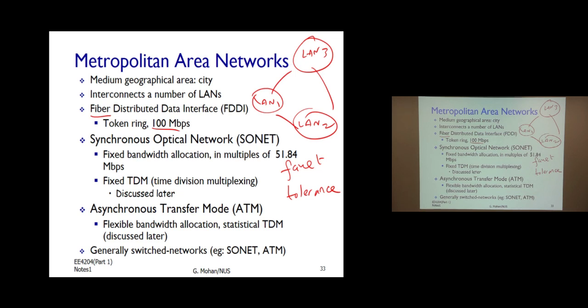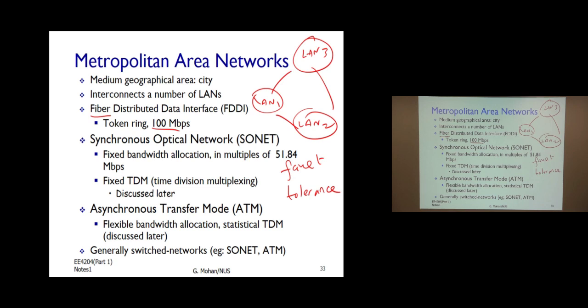There is a possibility of man-made error or natural disaster, and if the link under the ground is cut, what should happen? They all have some kind of fault tolerance capability. They will self-configure and route the traffic in a different way, and make sure the network survives even after failure.